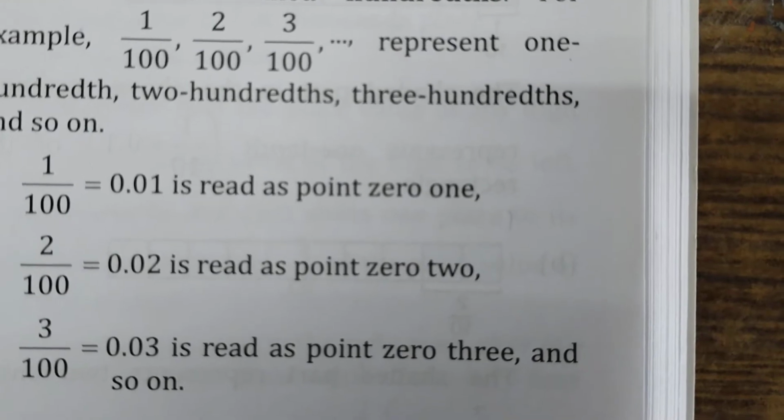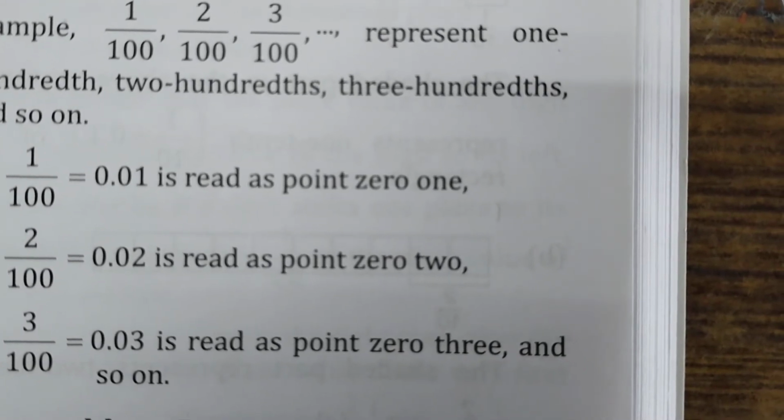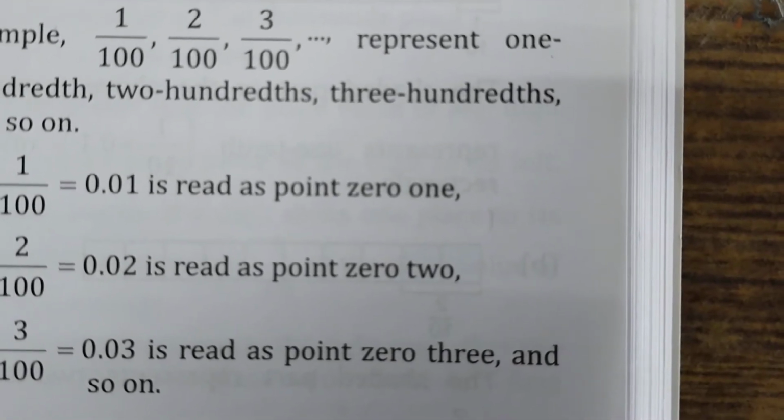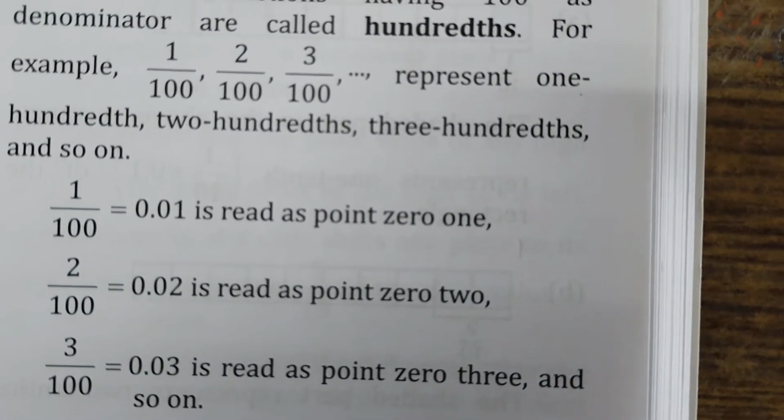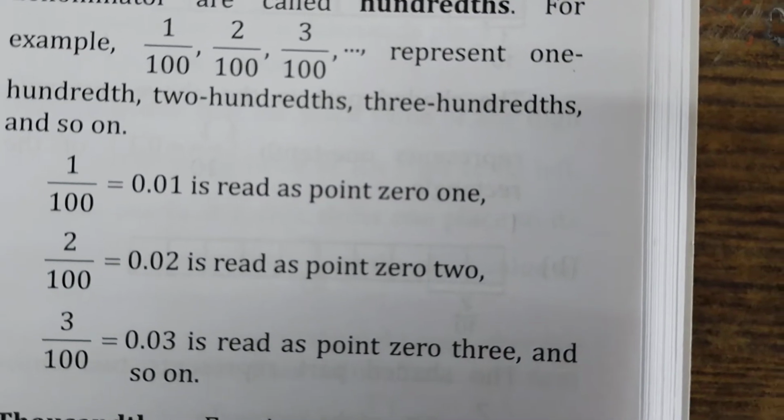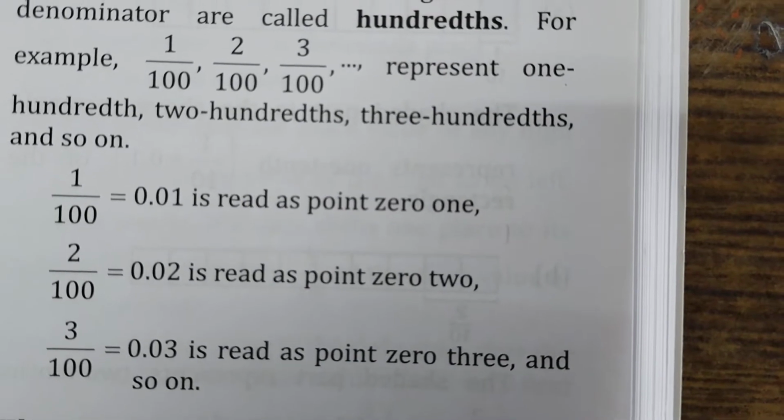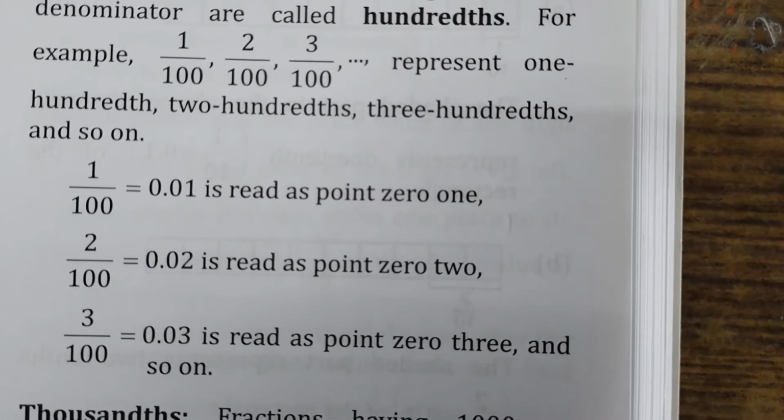And 2 by 100, 0.02, we read as 0.02. 3 by 100, 0.03, is read as 0.03, and so on.